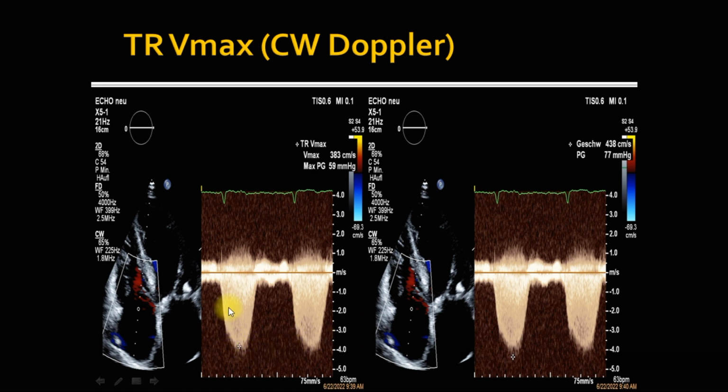Here we see that the tricuspid regurgitation envelope has two parts, a dense one, and a less dense or slightly bright part. What is right? To measure the dense envelope, or to measure until here? The correct one is to measure only the dense envelope.